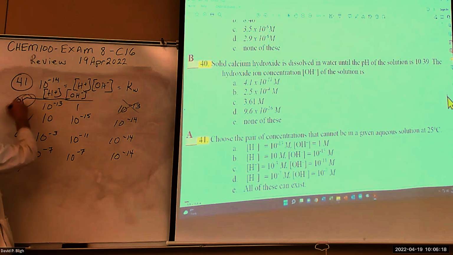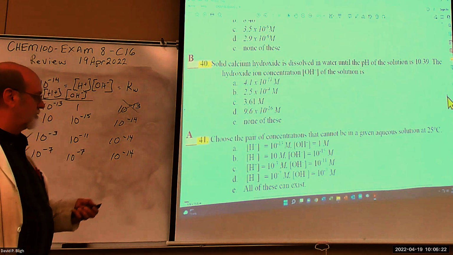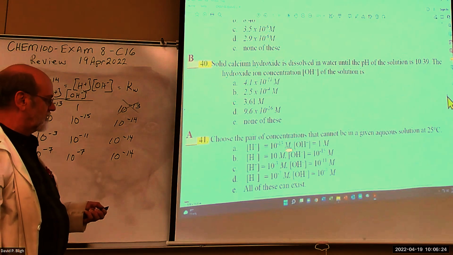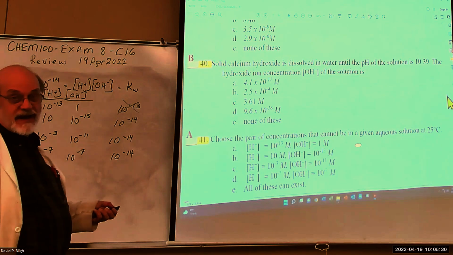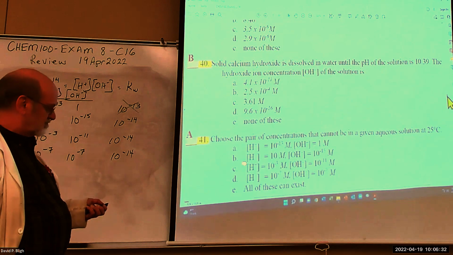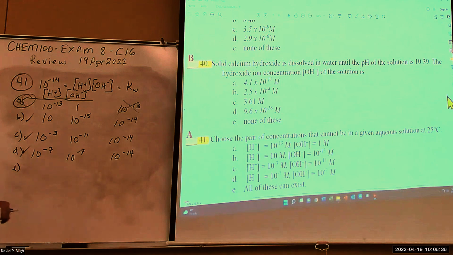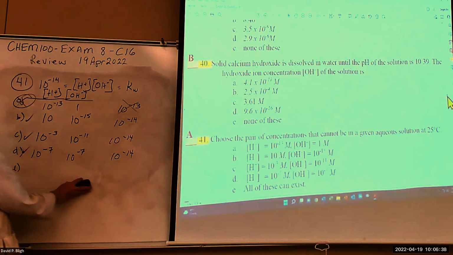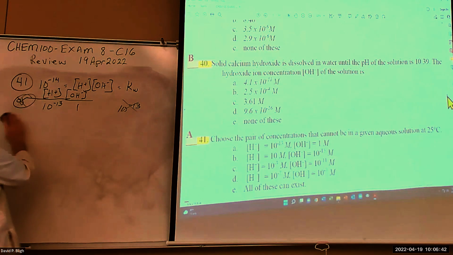No, we've got one bad one up here. So A is the only one that cannot be. Right here. Now, if that value were 10 to the minus 1, they would all be valid. But it isn't. So A is the answer because it's the wrong one.